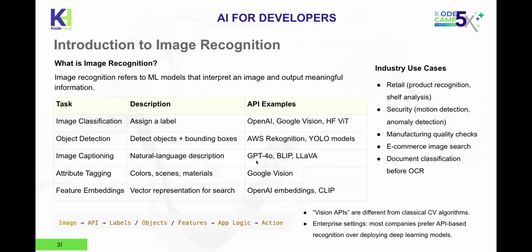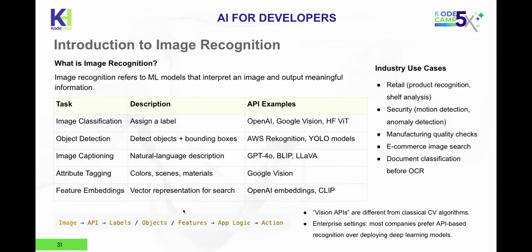Then you have attribute tagging. Attribute tagging would be identifying objects or attributes in an image and then tagging them with some kind of names. So that is another example of what you can do with image recognition.